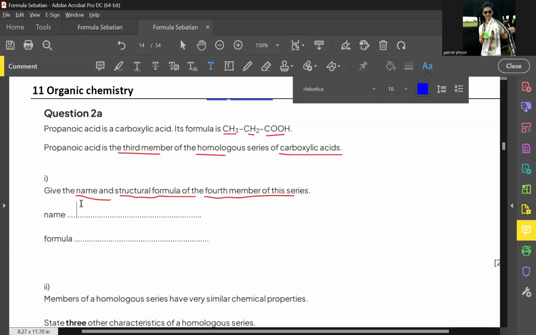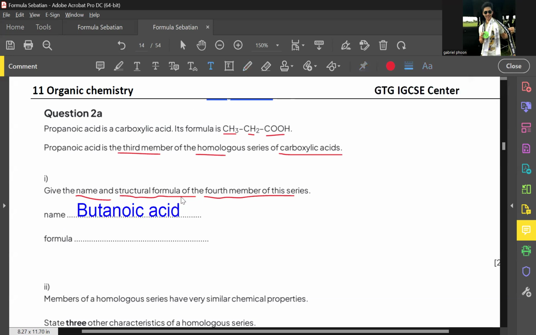Butanoic what? It's literally in the notes. Butanoic acid, yeah. What's the structural formula of butanoic acid?